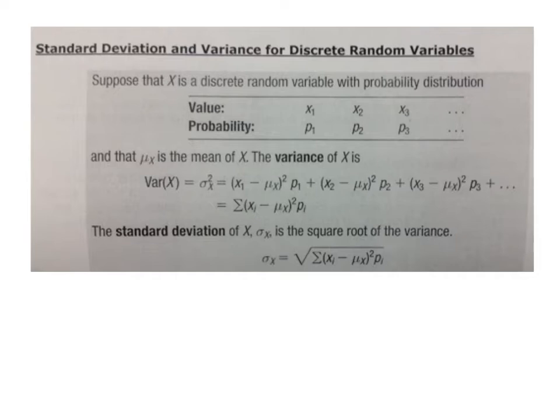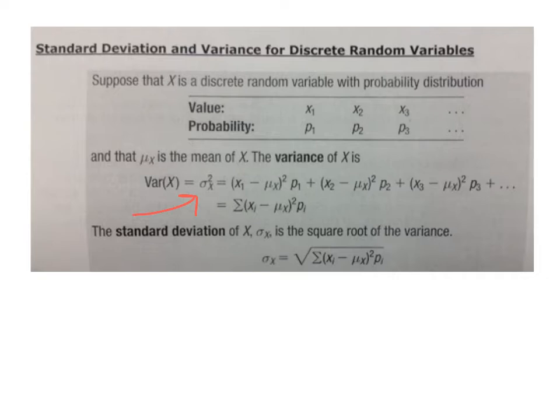Okay, so let's look at standard deviation and variance for discrete random variables. We're using our mean for center, so we need to be using standard deviation for spread. Remember our variance is when we square them, right? And our standard deviation is the square root of the variance. So if I'm looking for the variance of a random variable, this is my symbol for it right here, the sigma squared with the capital X dropped down below.